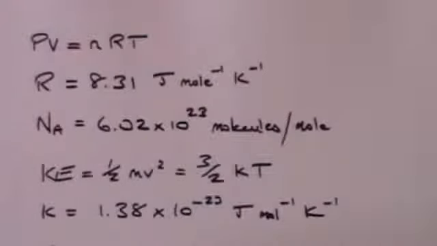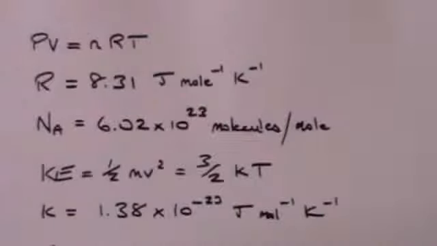So in any mole of a substance, there will be 6.02 times 10 to the 23 molecules. Kinetic energy of a gas, which of course we could typically write as a half mv squared, where v in this case is the average velocity of the molecules in a gas, given that they will all be travelling at different velocities.